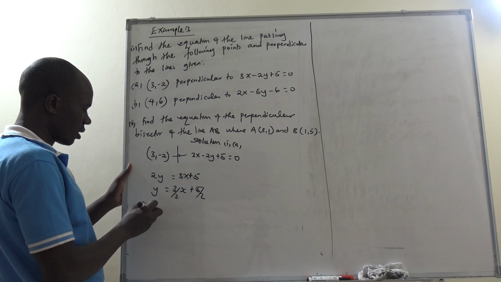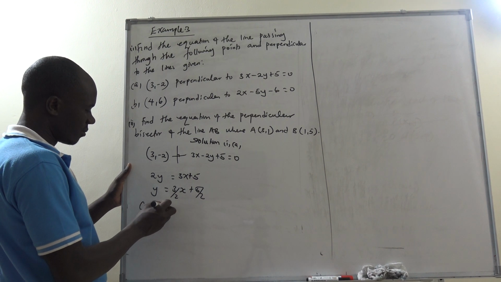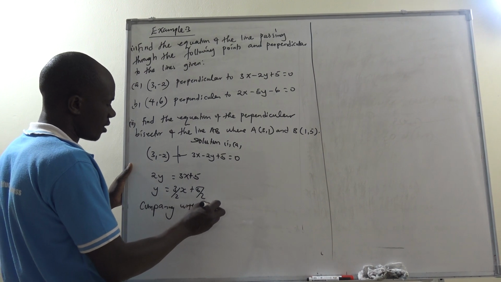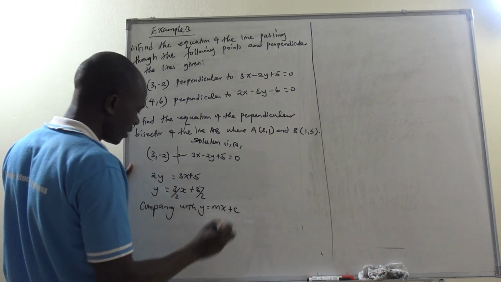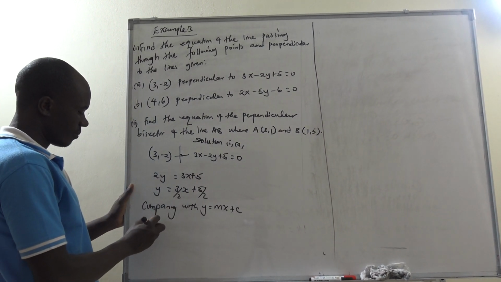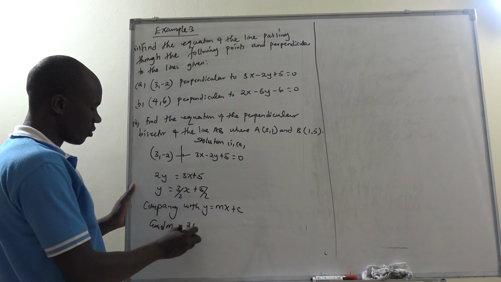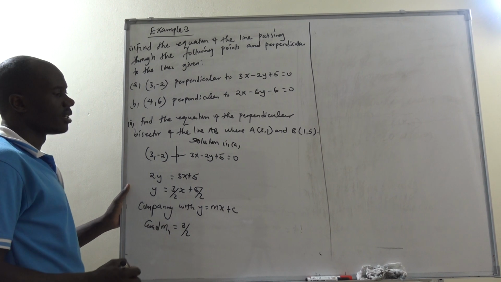Then we compare with y equals mx plus c. What is the gradient m? Our gradient m is 3 out of 2. You can say this is the gradient m1.